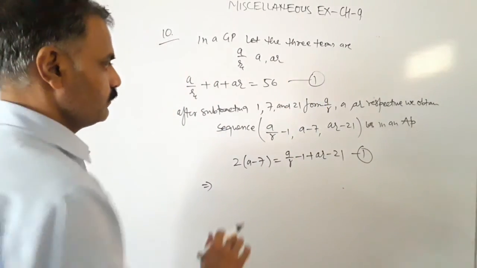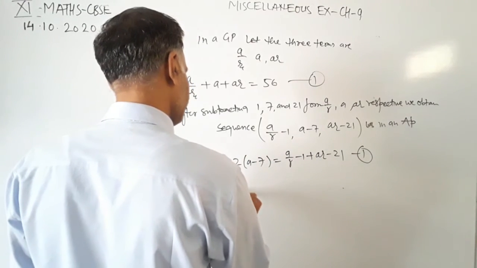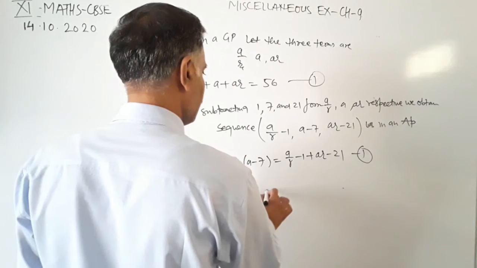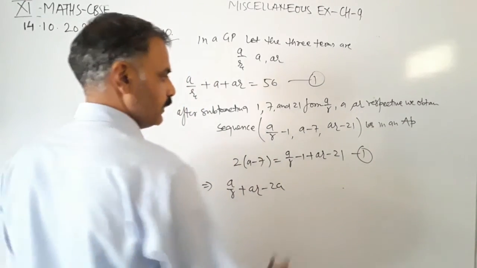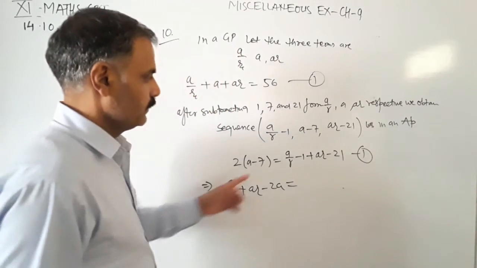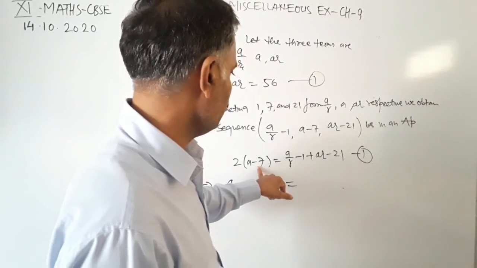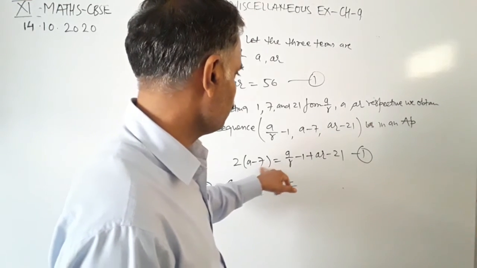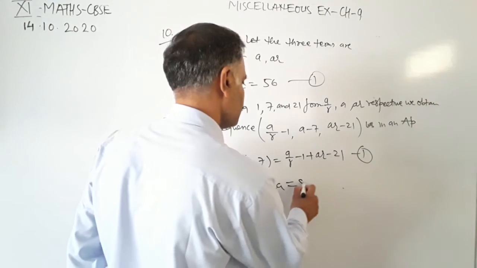So A upon R plus AR minus 2A is equal to minus 14 minus 22, that is minus 8... wait, minus 14 minus 22 gives minus 8 on moving to the other side, that is, equal to 8.